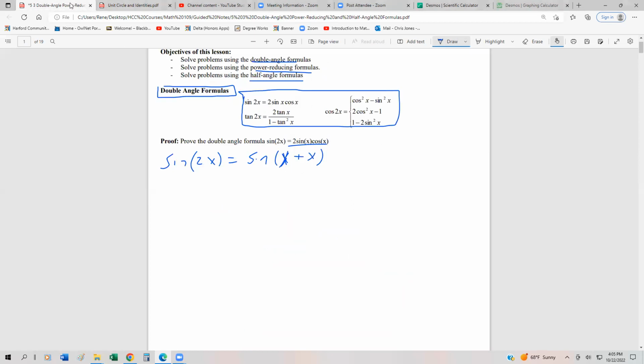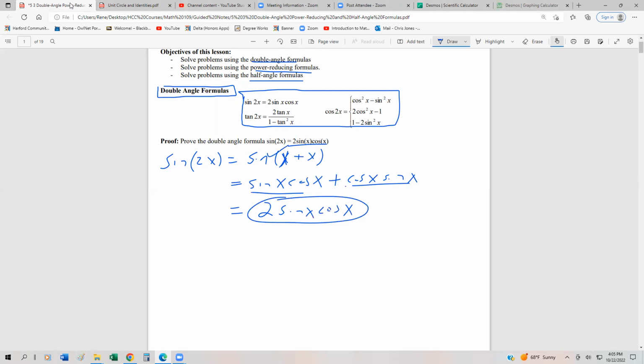And so we end up getting sine of x cos of x plus cos of x sine of x. Clearly, these are like terms, and so that turns into 2 sine x cos x. That's literally how easy it is to prove the double angle formula for the sine.